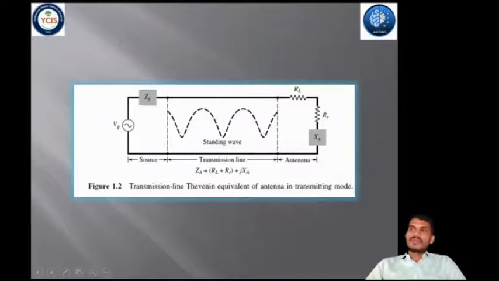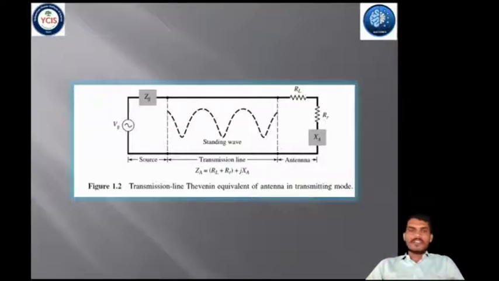Now, the load resistance RL is used to represent the conduction and dielectric losses associated with the antenna.